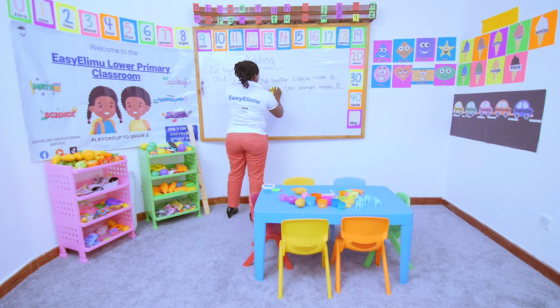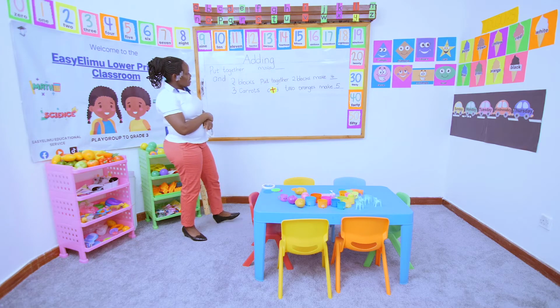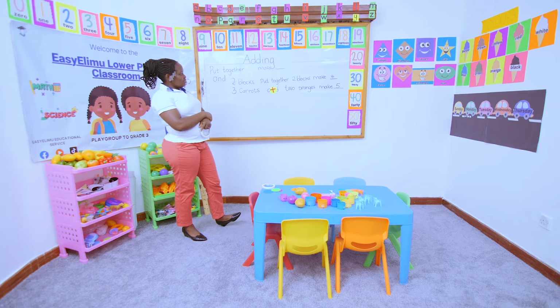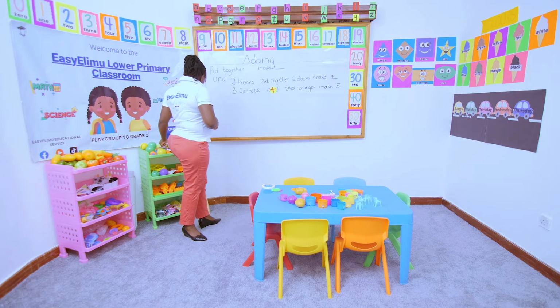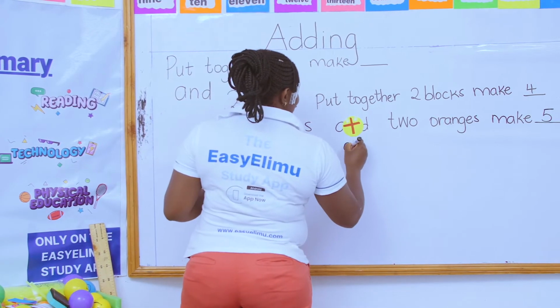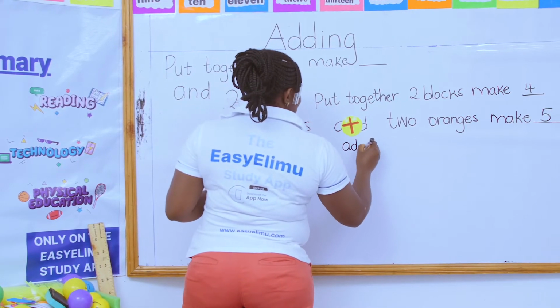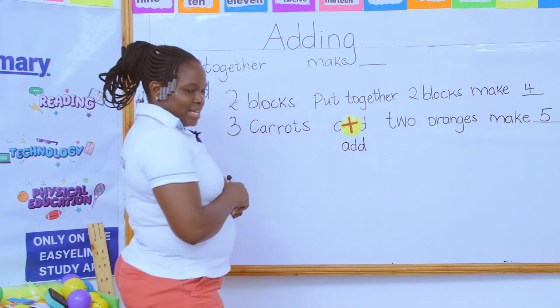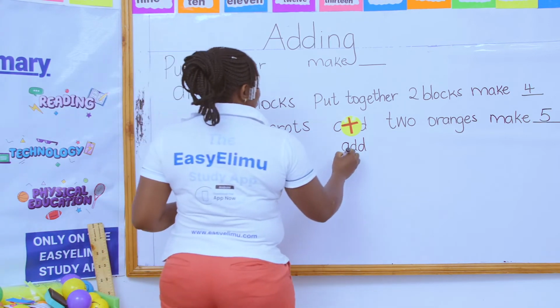We have been putting together and using the word and, but today I want to introduce to you some other sign. This sign means add. What does this sign mean, class? This sign means add. It can also be said it is a plus.